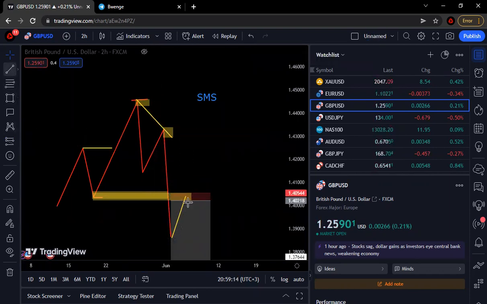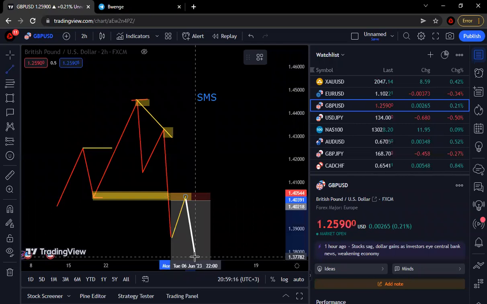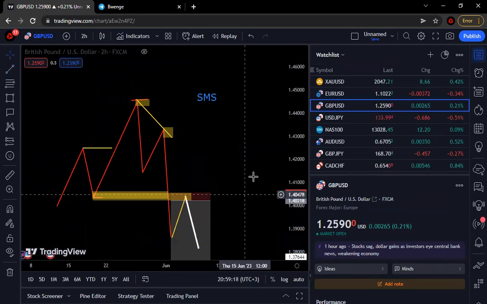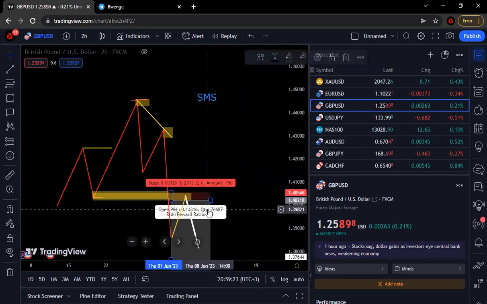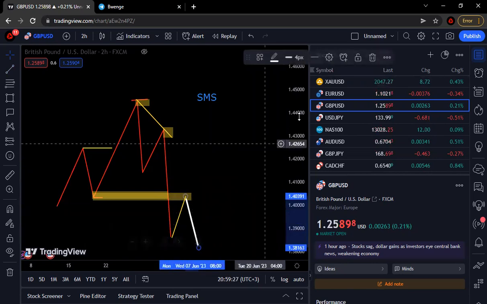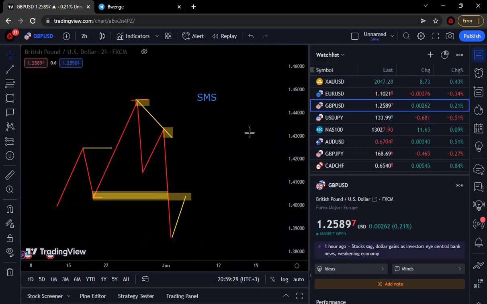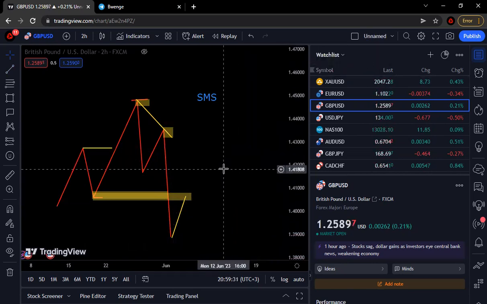So we were expecting price to come here, and it could keep going down. Let me show you another one. This is in a downtrend, but you can also go and check for the uptrend.